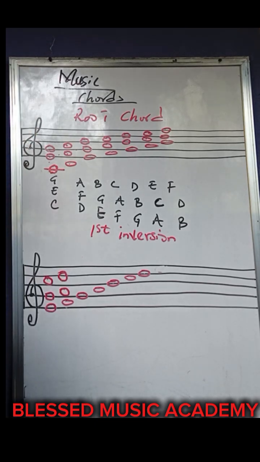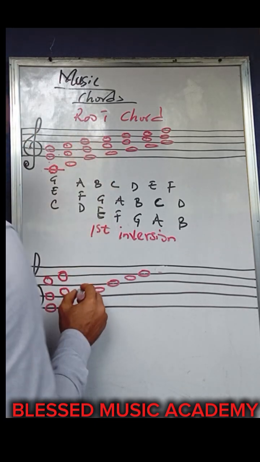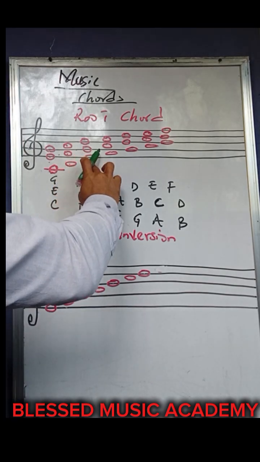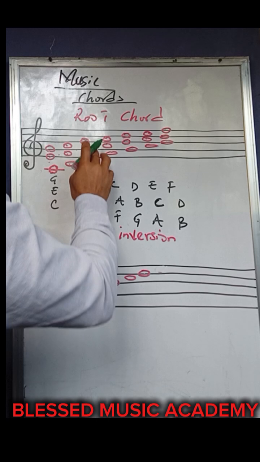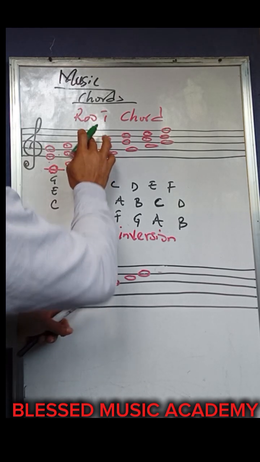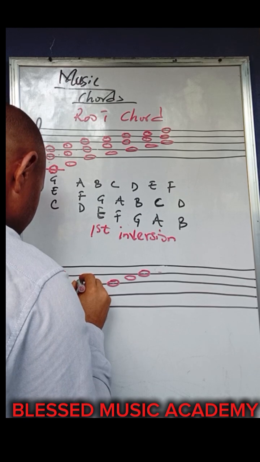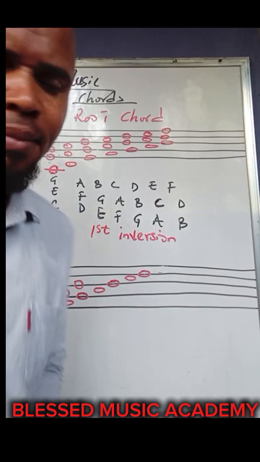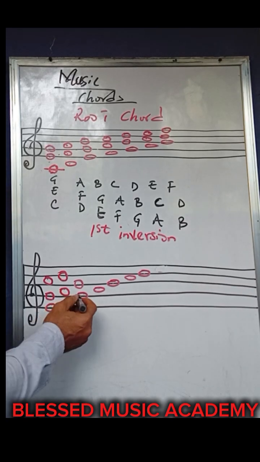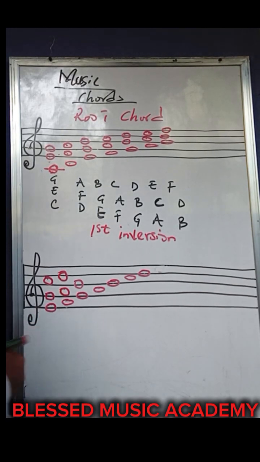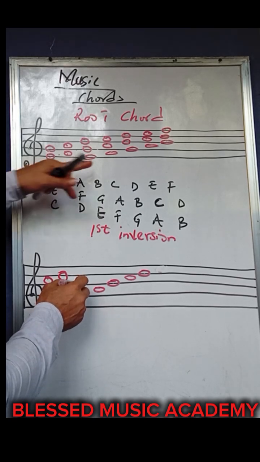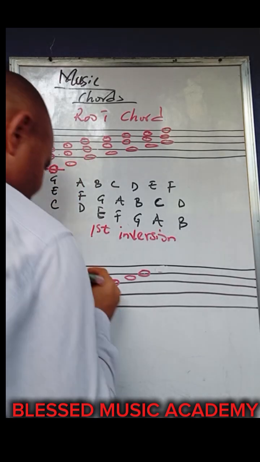Then for my E minor, I've taken my third, I will take my third as my G. On my E minor, I've taken my third, my fifth. So I come here to take my first, which is my E.